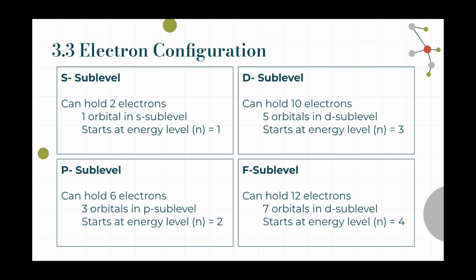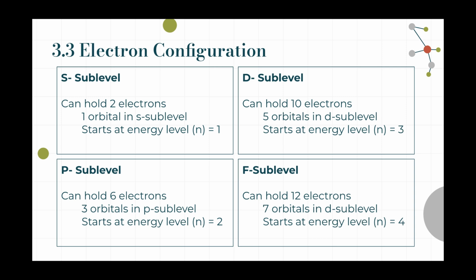Next, we have P, which can hold 6 electrons because it has 3 orbitals, and this starts at energy level 2. So once your S sublevel in your second energy level is filled up, electrons start going into the P sublevel.